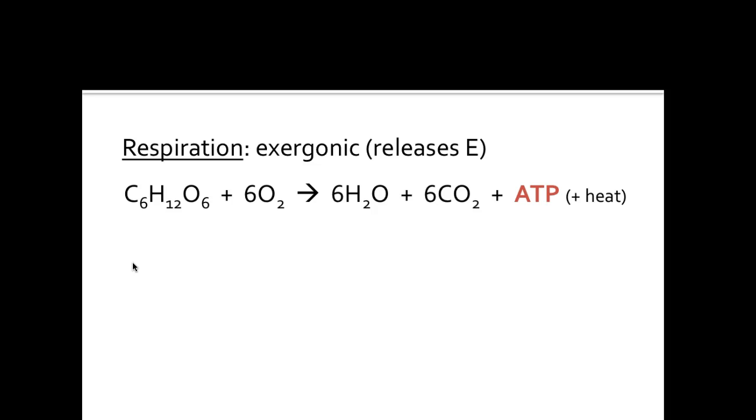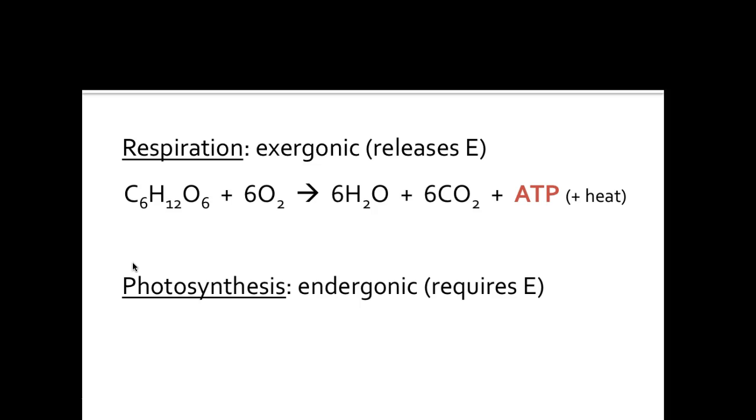And ultimately, what you had as a product and reactant for photosynthesis is now reversed and going to be your reaction for cellular respiration, where you have a glucose molecule, C6H12O6, plus oxygen gas, 6 molecules, and then you're going to produce 6 water molecules, 6 carbon dioxide molecules, and energy in the form of ATP. Also, you have heat energy there.